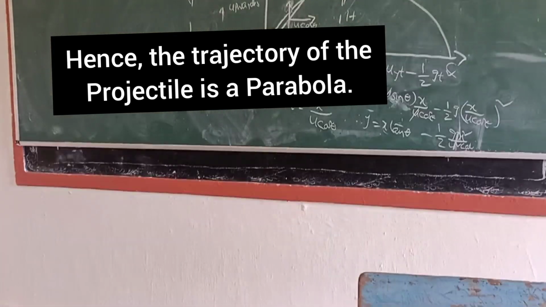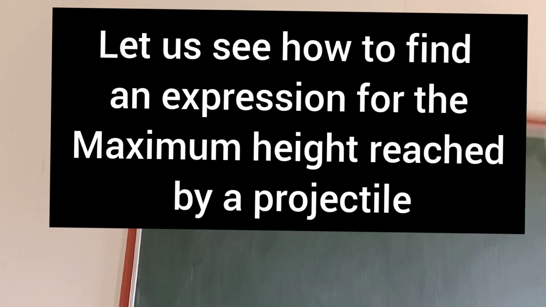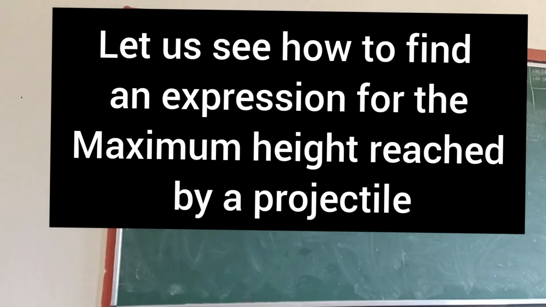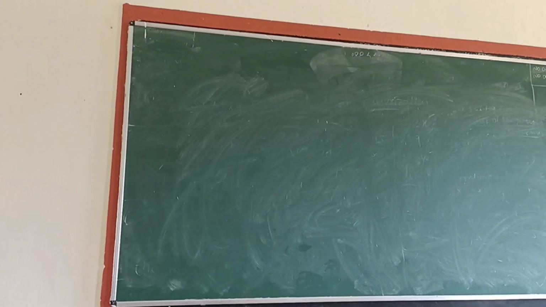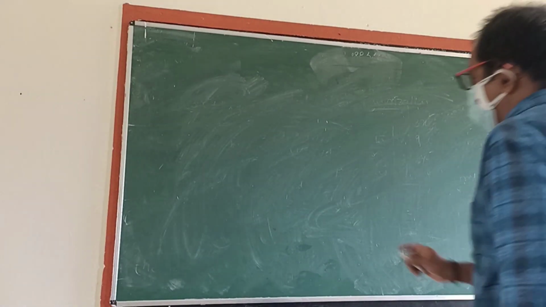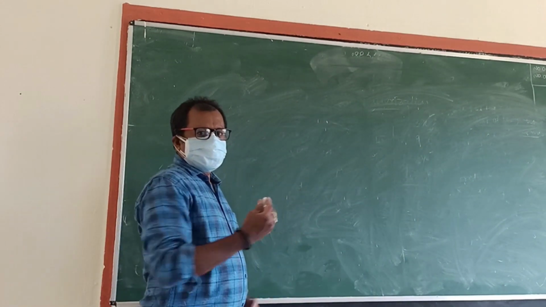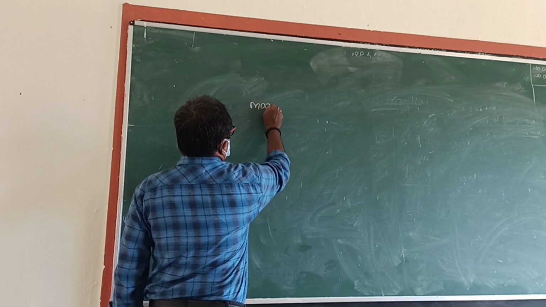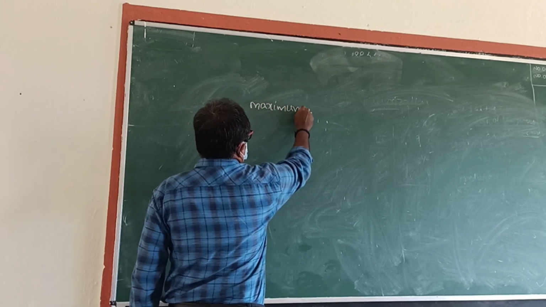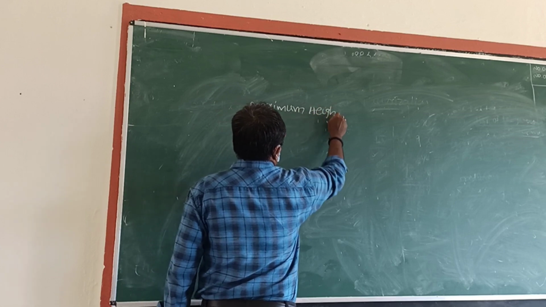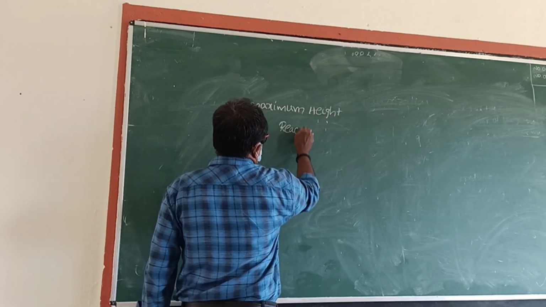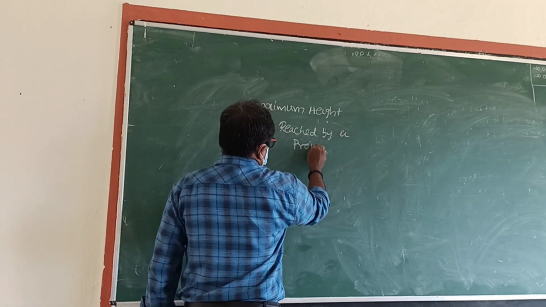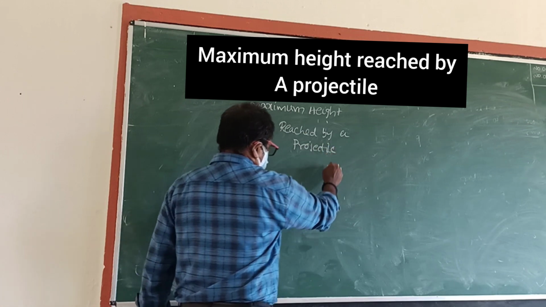Dear friends, now we are going to find out the maximum height reached by a projectile. Once the object is thrown with some velocity at an angle other than 90 degrees with the horizontal, we are going to find out the maximum height reached by a projectile.